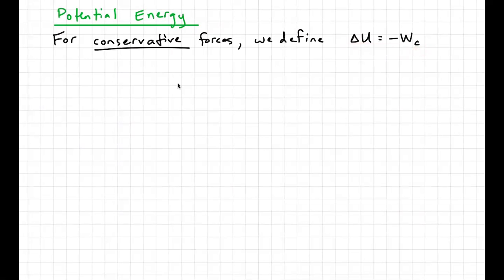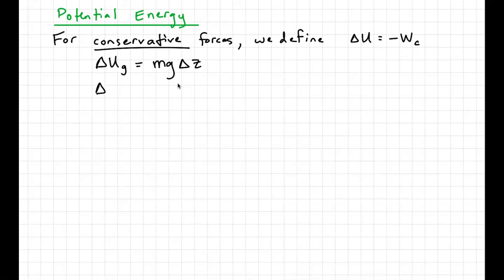And so if we use our prior examples, the change in potential energy done by gravity near Earth's surface is mg times the change in the height above Earth's surface, just negative the work we calculated before.